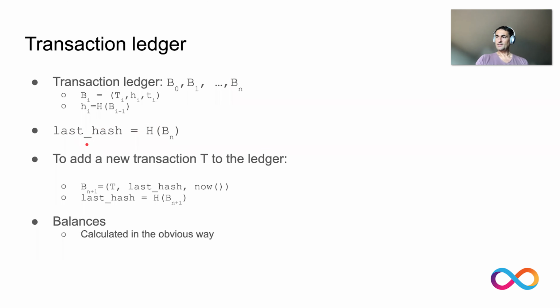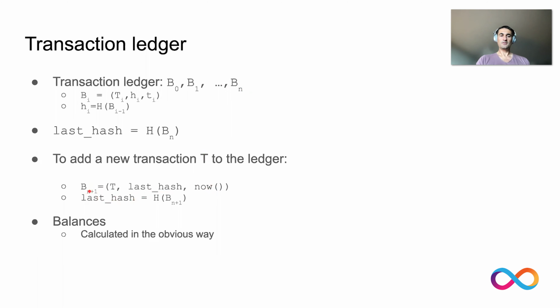So now, how do I add a new transaction to the ledger? I'm given transaction T. I'm going to construct the new block Bn+1 by putting together the transaction that I need to add, the last hash, which, remember, is just the hash of the previous block that existed already in the chain, and the timestamp now, which is the time that the ledger canister sees when it makes this system call.